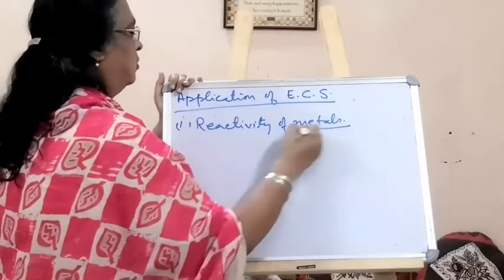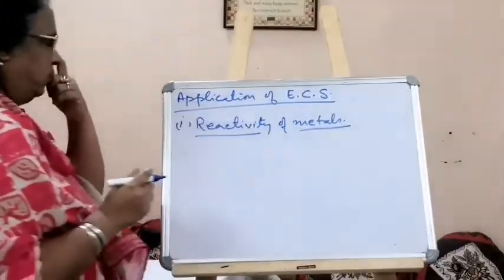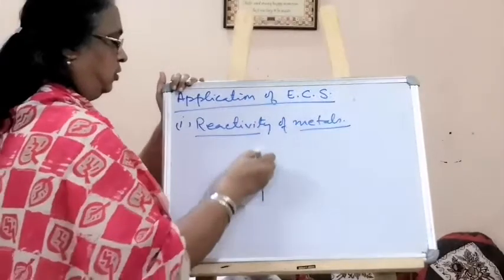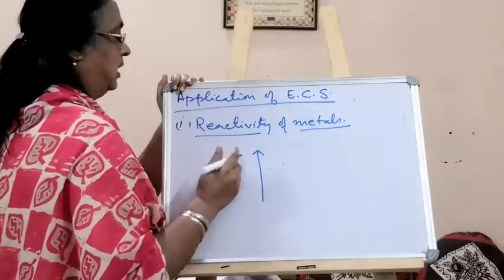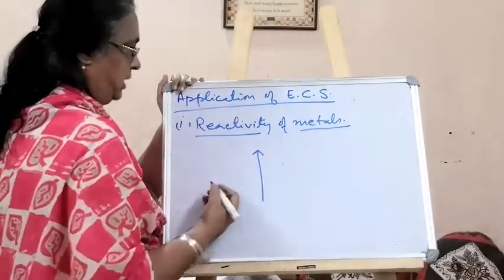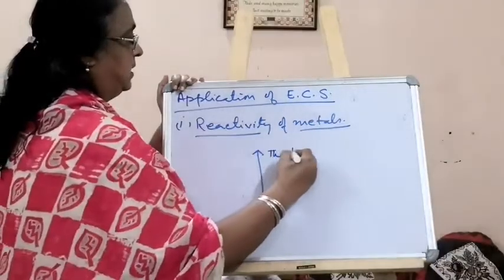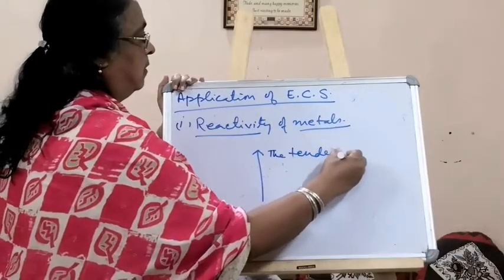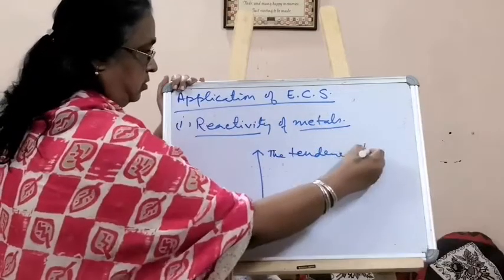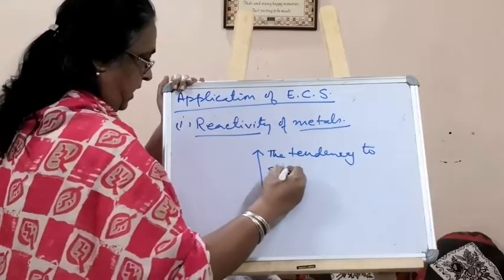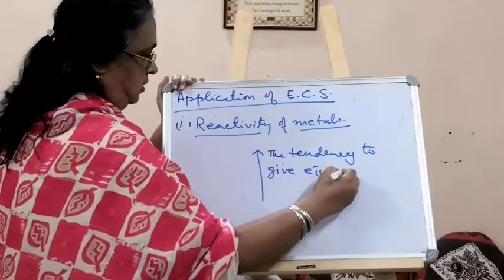You can know, as we move from bottom to top, the tendency to lose electron increases. The tendency to give electron increases.